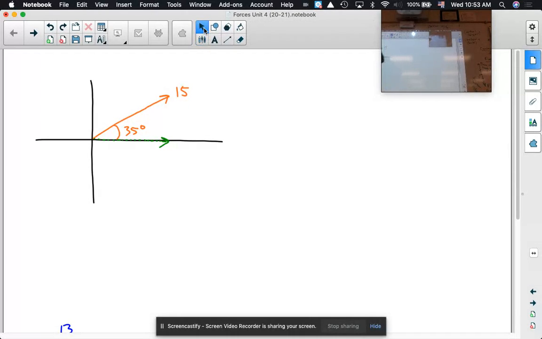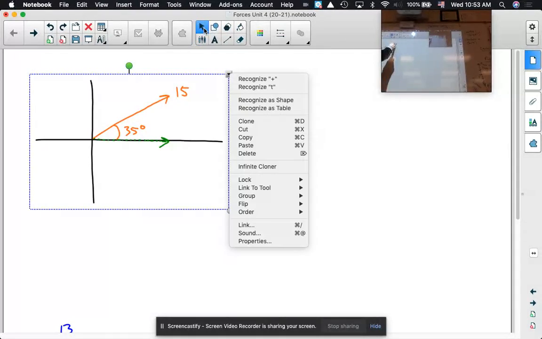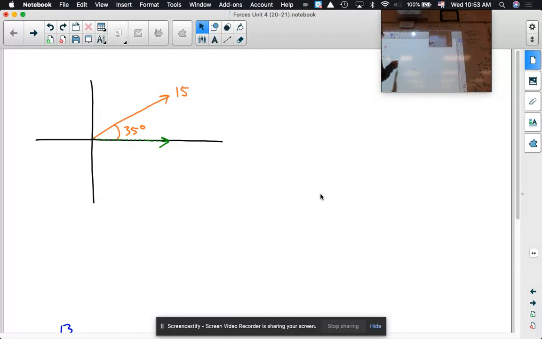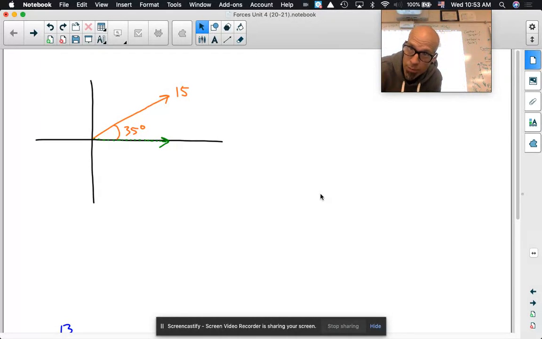Oh, I know what I should do. I should grab this. I'm going to lock it in place. So there's a certain amount of this 15 unit vector that is in the horizontal, okay, which I've drawn in green. There is also a certain amount of that vector.